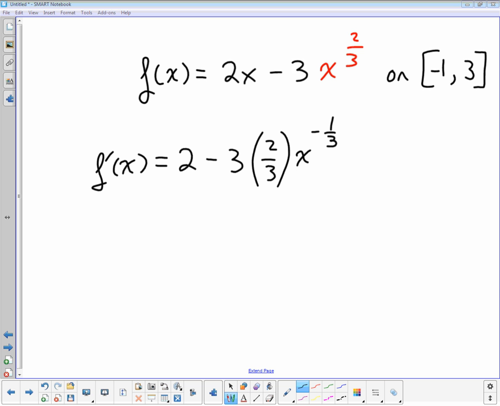All right, so we made the substitution for the cube root, and now we took the first derivative. We're going to set that equal to 0, and we simplify. Good. All right.